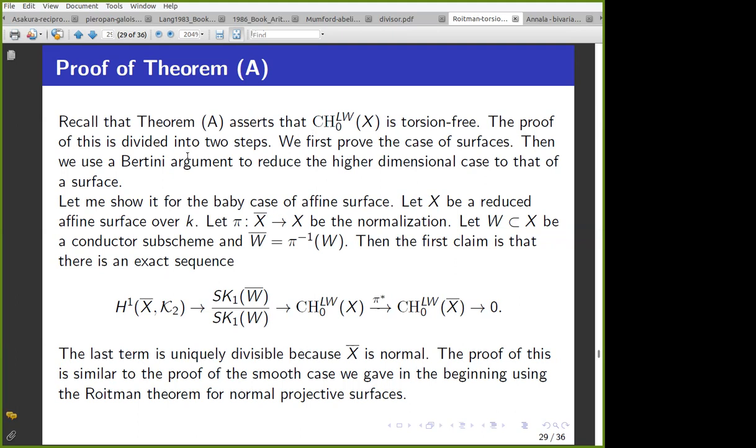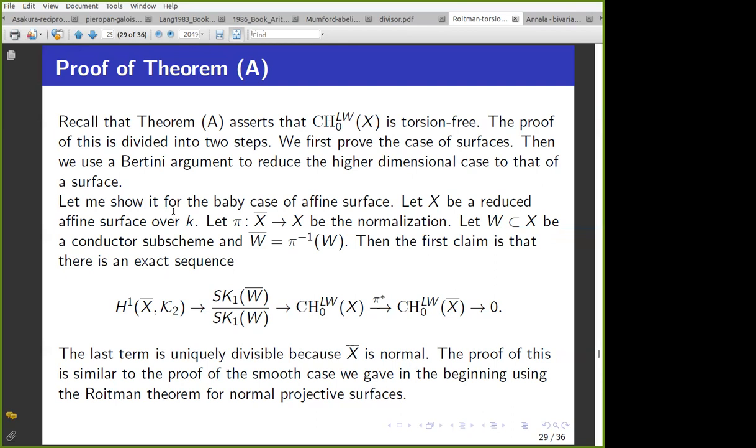The proof is divided into two steps. We first prove the case of surfaces. Then we use a Bertini argument to reduce the higher dimensional case to that of a surface.